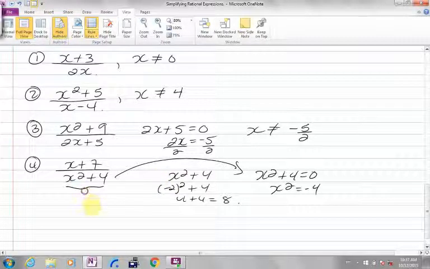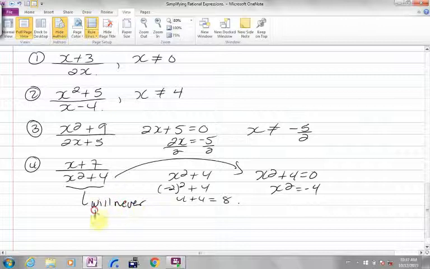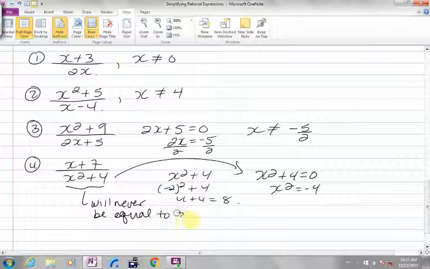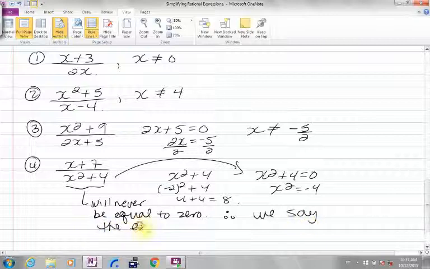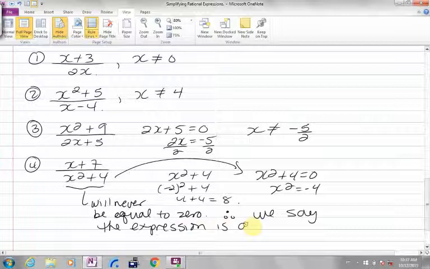So the denominator will never be equal to 0. Therefore, we say the expression is defined for all values of x.